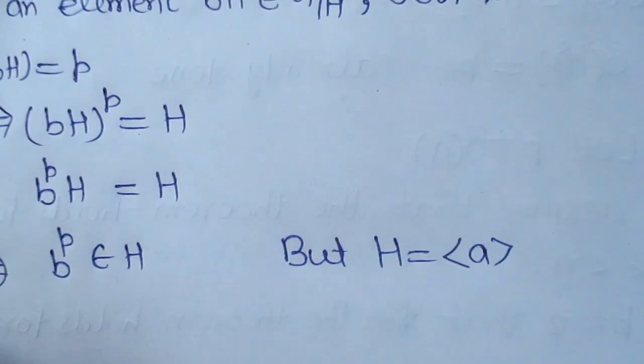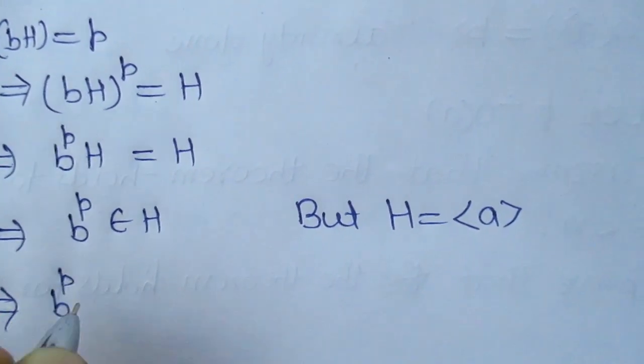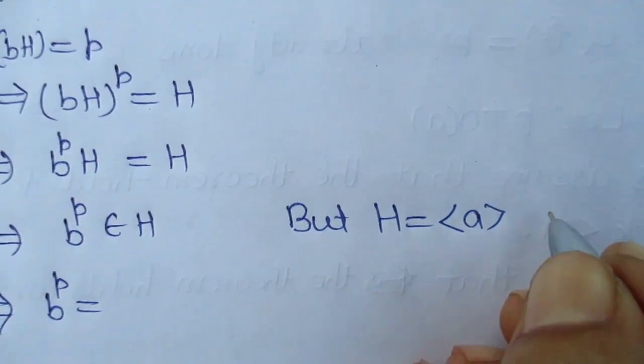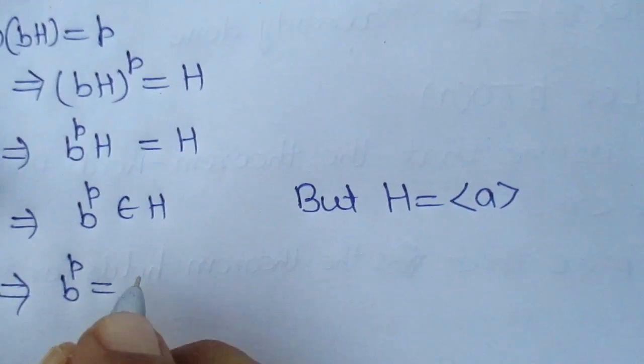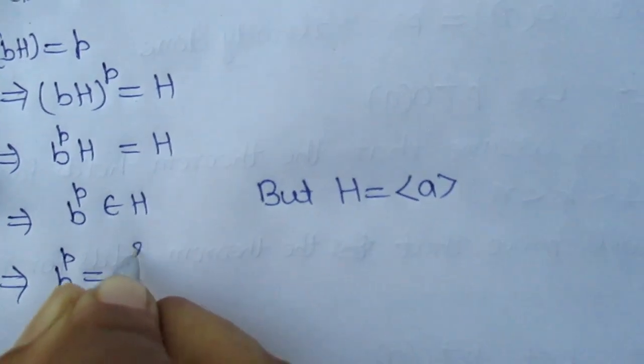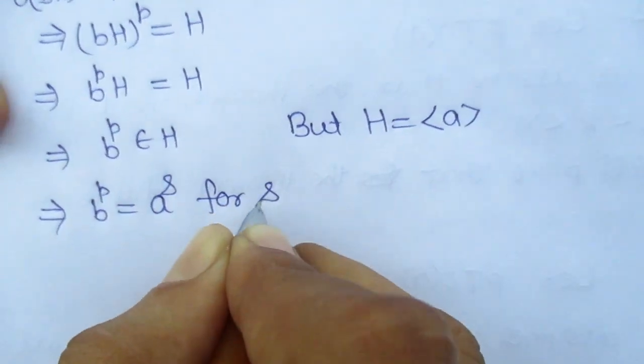But H is generated by a, so b raised to power p can be written as a raised to power s for some s belonging to integers.